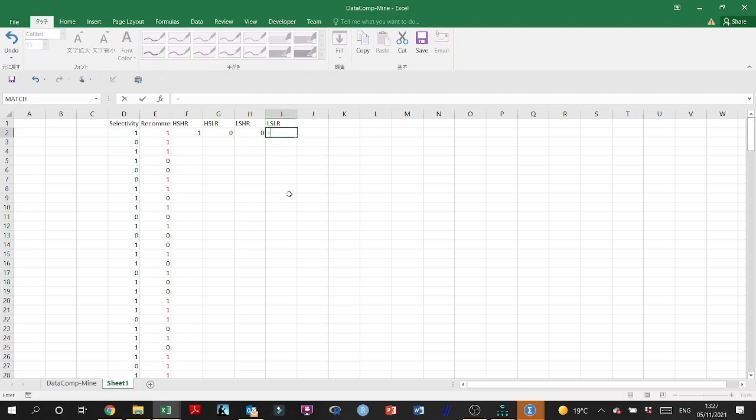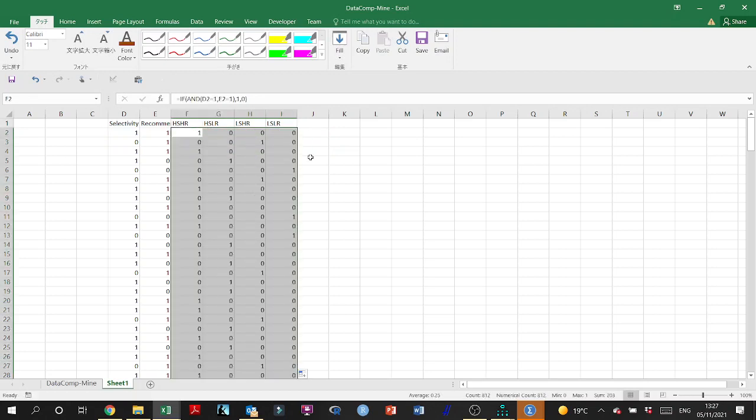And then over here, let's do low, low: if this is equal to 0 and this is equal to 0, give me 1, else give me 0. So now we are fine. At any row, this is supposed to be 1.